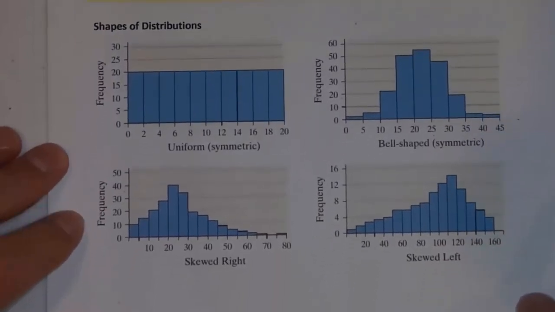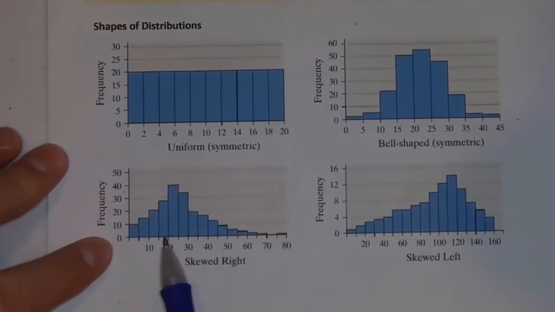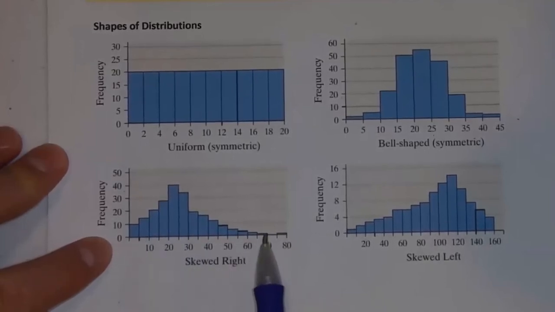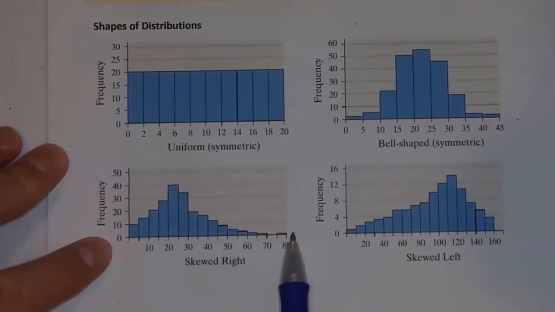Now sometimes we might get a distribution that looks like this. In this case, the taller bars are on the left, and then we have a bunch of short bars over on the right-hand side. If that happens, we say we have a skewed right distribution.